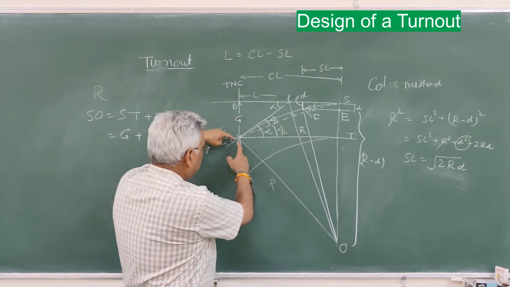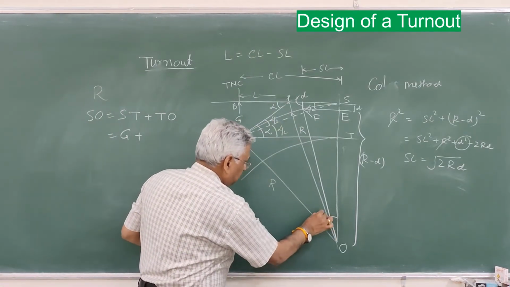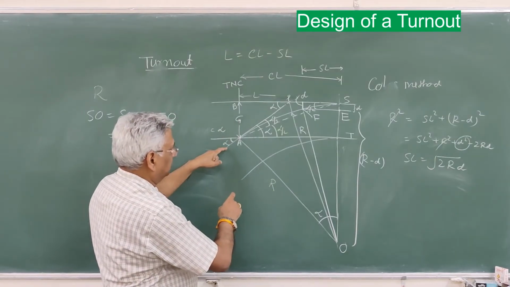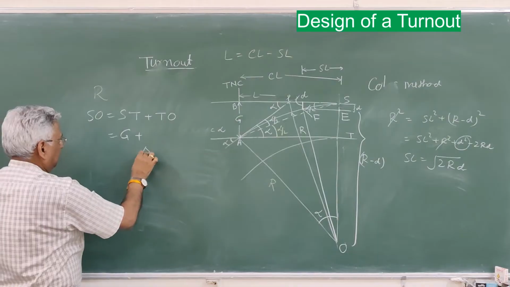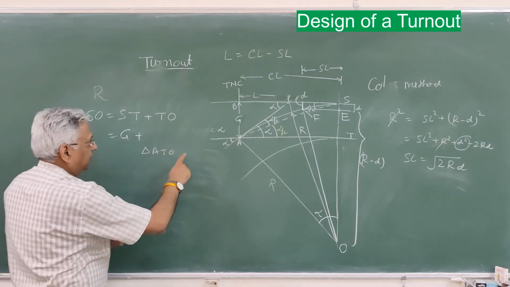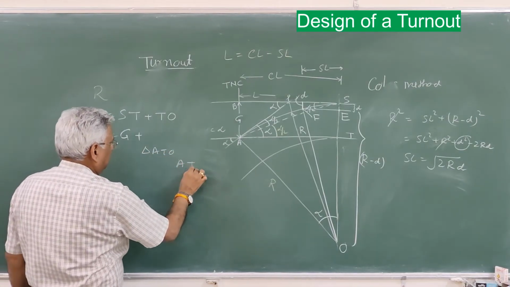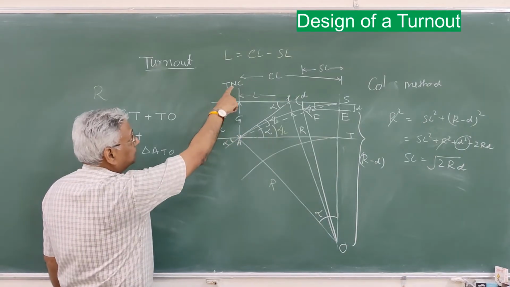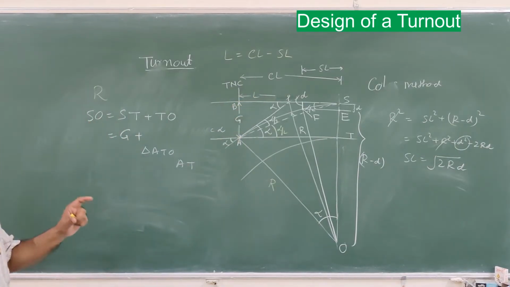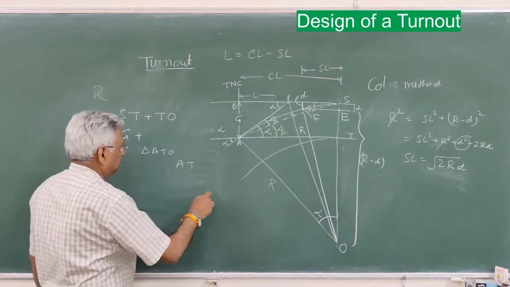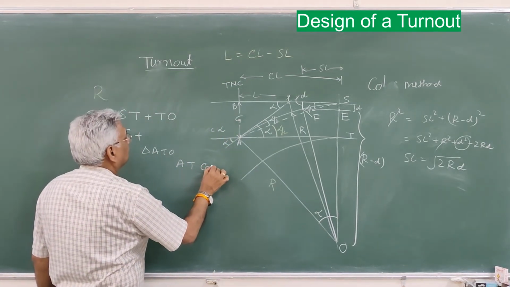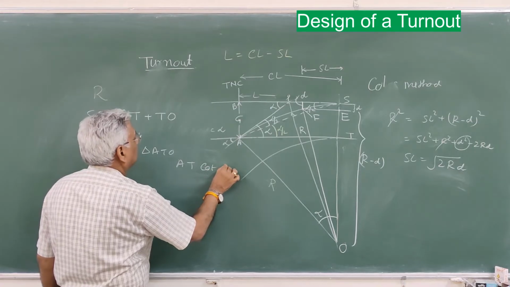TO you can find out from this triangle. This is alpha, same as the angle of crossing. From this triangle ATO, now AT is crossing lead, that is your CL, and this T will be AT into cot alpha.